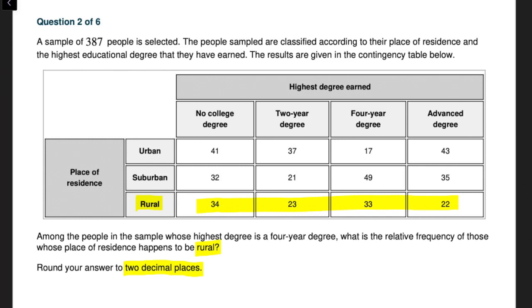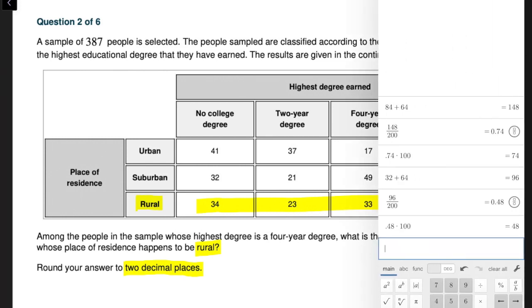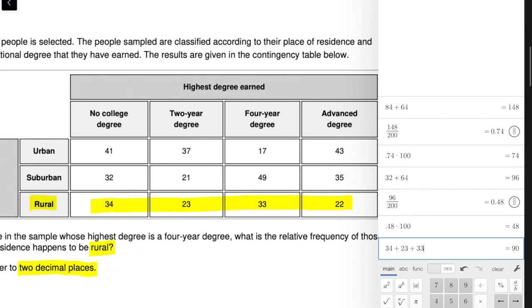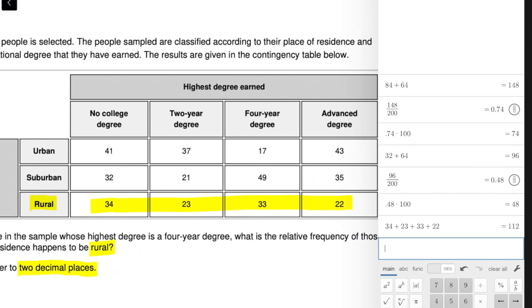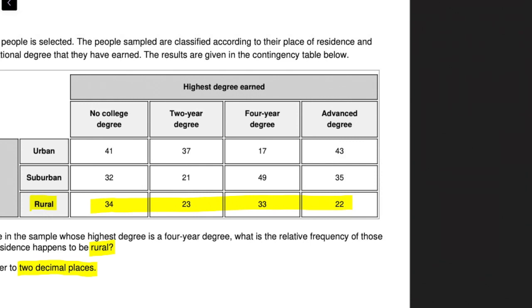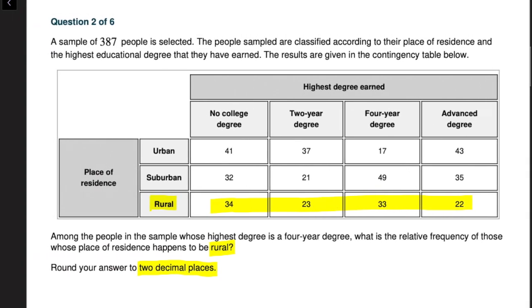We have 34 plus 23 plus 33 plus 22. That gives us 112. Okay, so we know 112 is how many students live in a rural area.